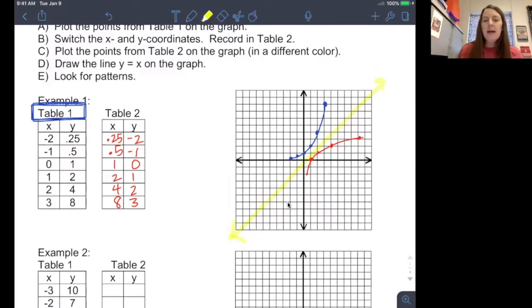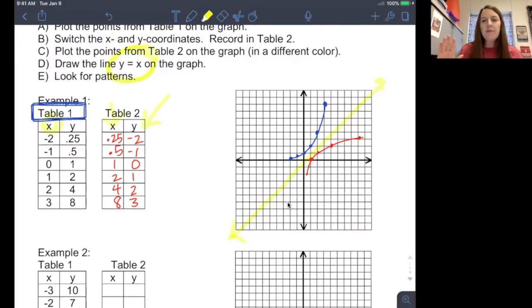Okay, and that's because when we created the inverse table, we used the x as our new y value and the original y as our new x value. So right here, our y equals the previous x value, and vice versa. The x equals the previous y value.